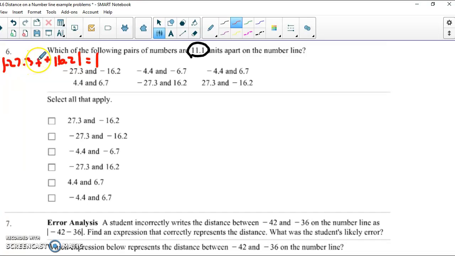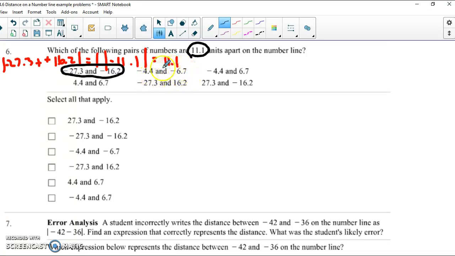So the difference between 3/10 and 2/10 is 1/10, and the difference between 27 and 16 is 11. My larger number is negative, so my answer is negative, but I'm taking the absolute value of this whole thing, and the absolute value of -11 and 1/10 is +11 and 1/10. So this pair of numbers would be 11 and 1/10 units apart on the number line.